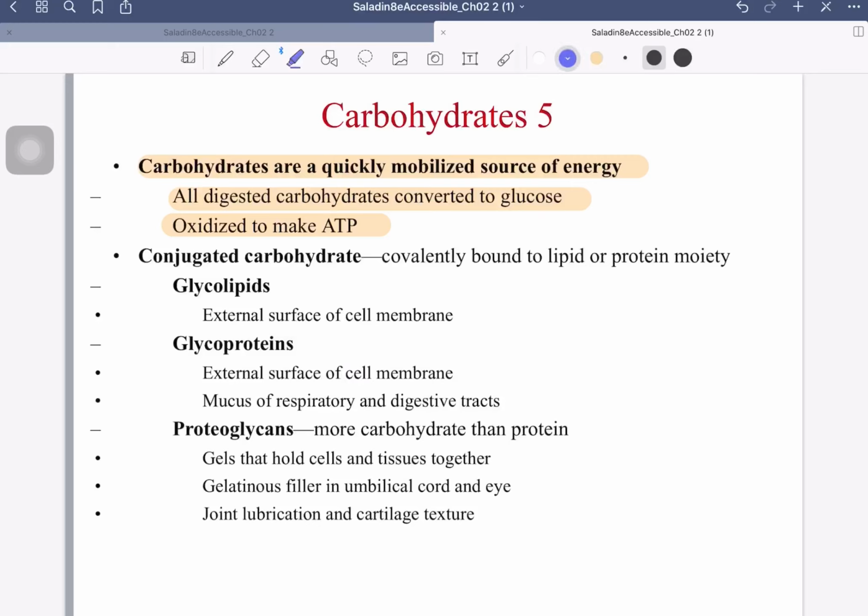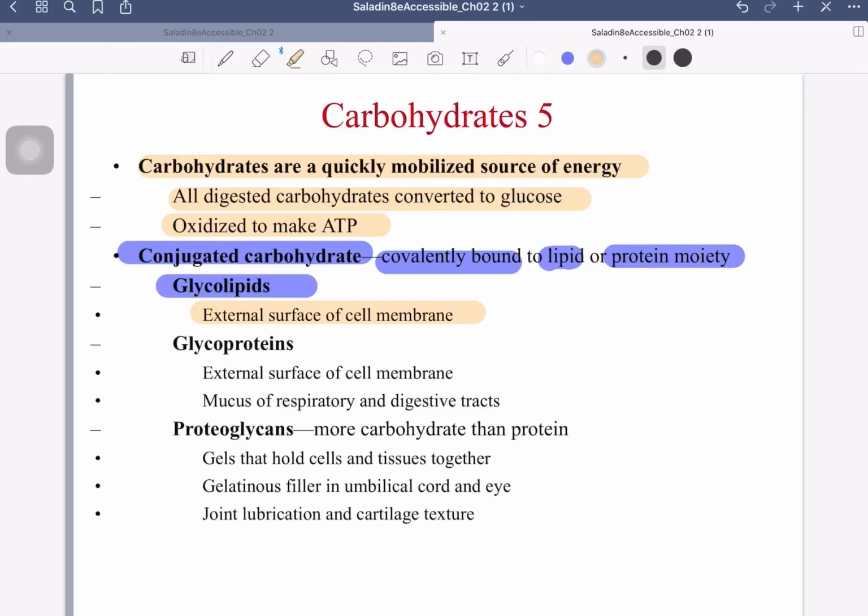Often carbohydrates will combine with a different type of molecule, and we call these conjugated carbohydrates. It means they're covalently bonded to either a lipid or, say, a protein. And here are some names. Not surprisingly, a glycolipid is a sugar and a lipid combined. One of the places we see this is on the external surface of cell membranes.